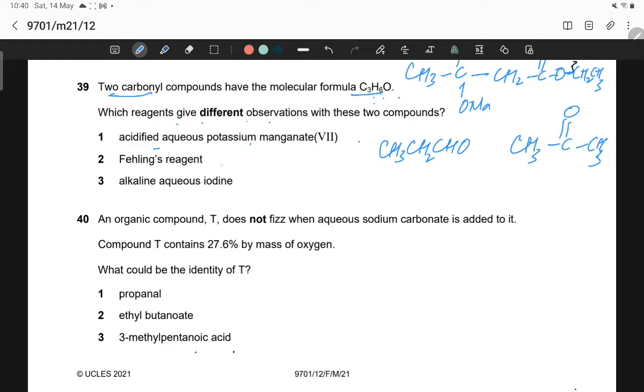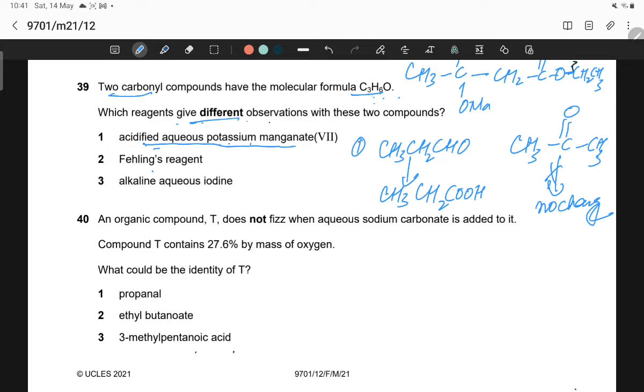Acidified potassium manganate: the aldehyde is oxidized into carboxylic acid, CH3CH2COOH, and the observation would be purple to colorless, but the ketone cannot be oxidized further, so no change.